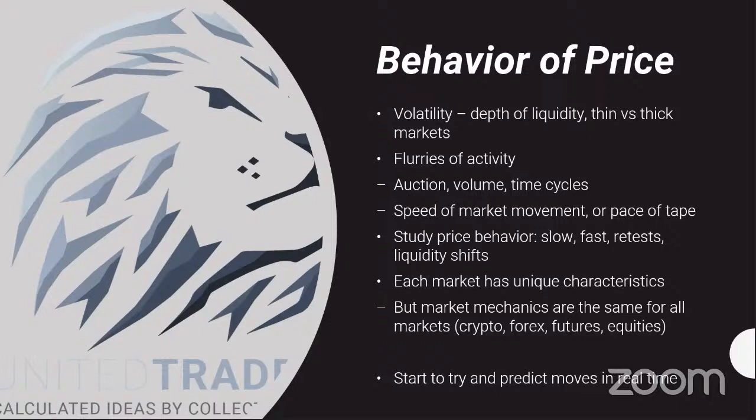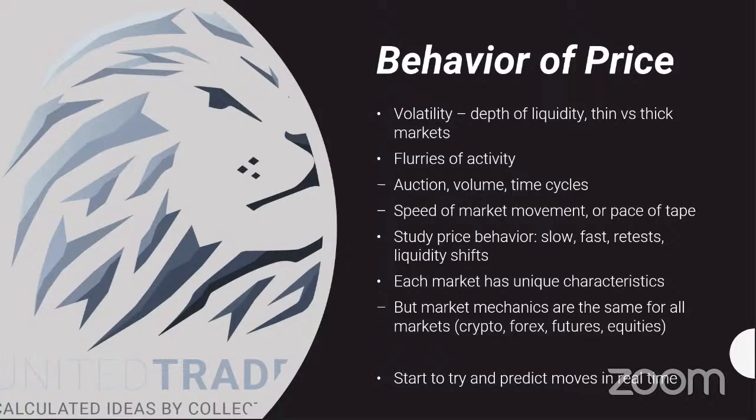They only trade at, say, Apple. They won't exit any trades until price gets to like $450 or something. So when you see these volumes start to increase, that tells you that there's different time frame participants starting to join in now. So that's the speed of market movement or the pace of tape.